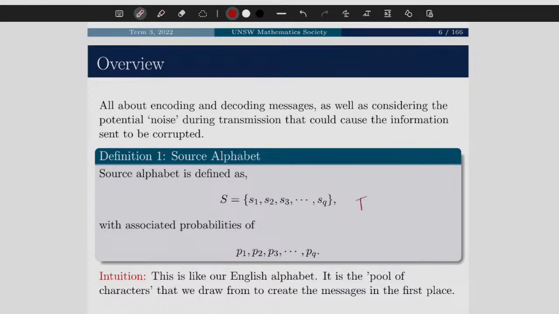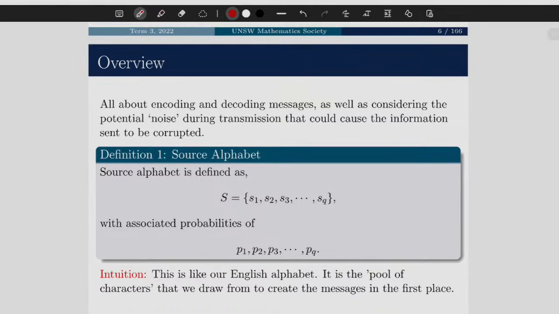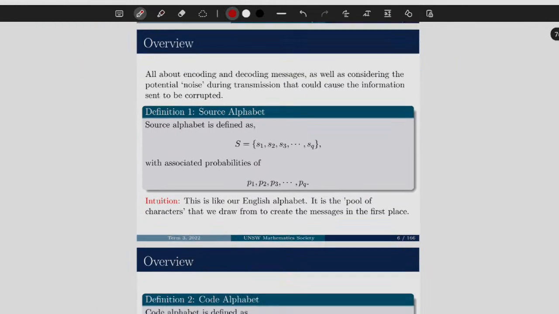If I have the word Thomas, you know it's comprised of T, H, O, M, A, S, and those are our symbols. Naturally, certain symbols have a higher probability of showing up than others. For example, a letter like O or A might show up more than a letter like Q. That's essentially the idea behind a source alphabet.